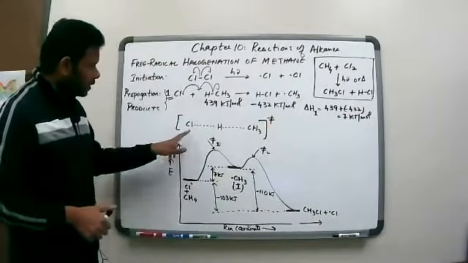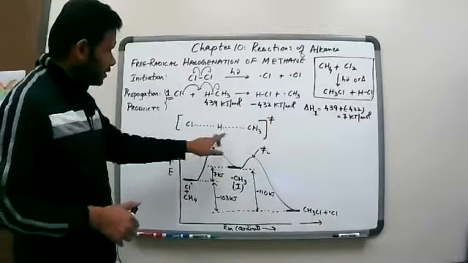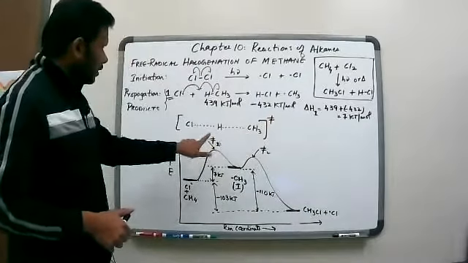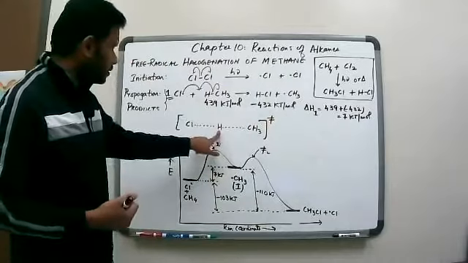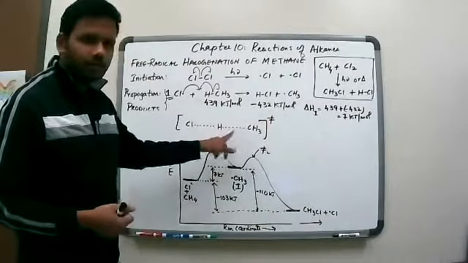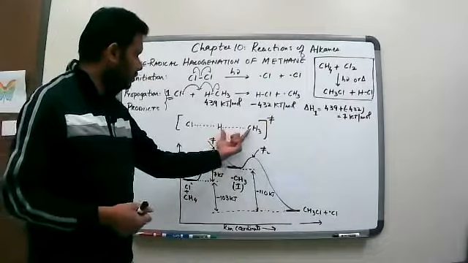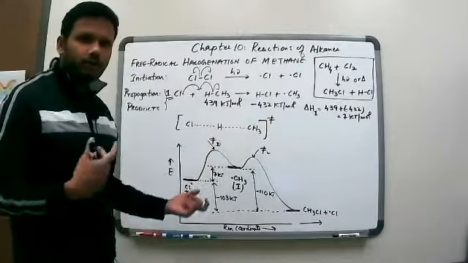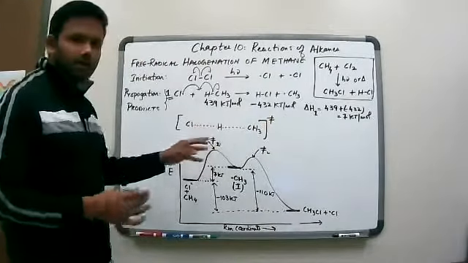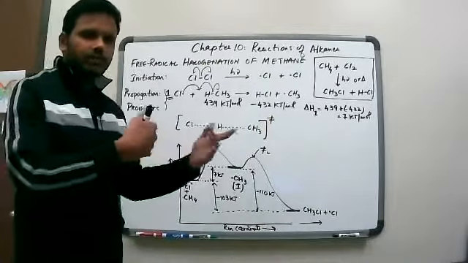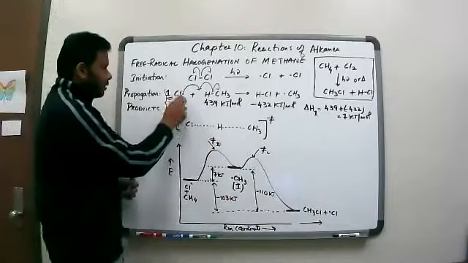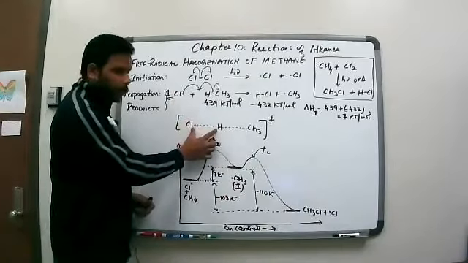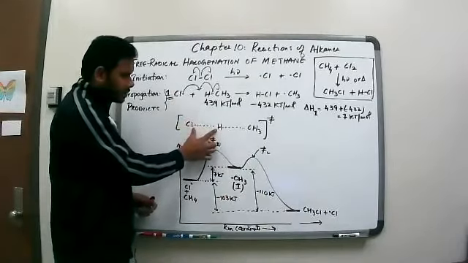Okay, but if I look at this transition state, the hydrogen here is almost equidistant, or at the same sort of separation, from the carbon and the chlorine, which would imply that the hydrogen is like halfway between the carbon and the chlorine.